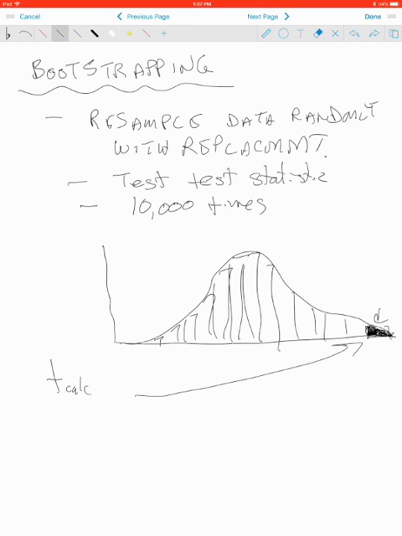And that proportion is effectively, or approximates, a p-value. So I can get a p-value out without making any assumptions about what the theoretical distribution is. I'm approximating the theoretical sampling distribution, the test statistic distribution, by resampling my data at random.